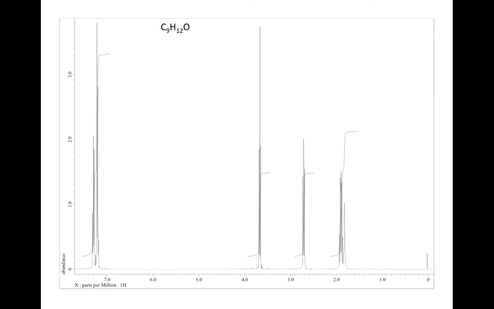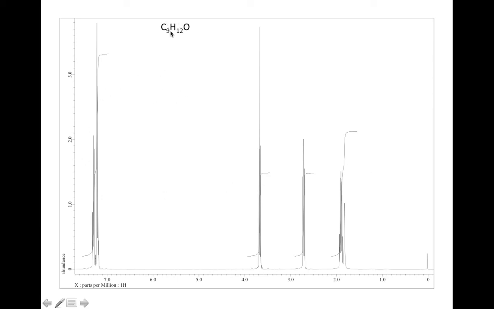So we'll go through that in class, but just to get you started here, the first thing you would want to do is look at these integrations. Now, I purposely removed the numbers here because a lot of times in books and in different spectral databases, they won't show the numbers. So you'll have to actually get your ruler and measure these yourself. So I'm going to leave that for you to do and figure out what the ratio is.